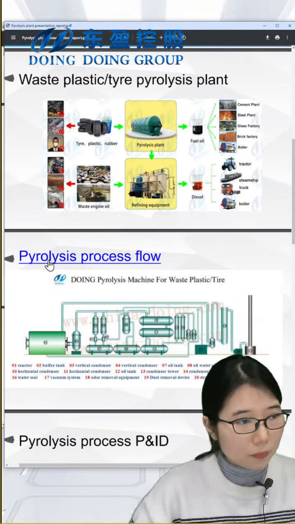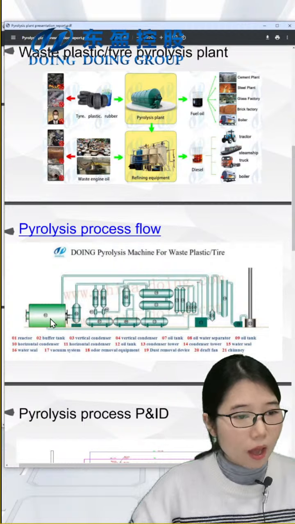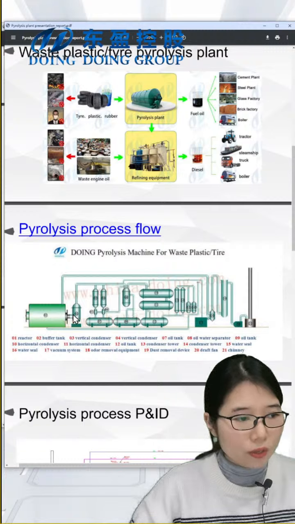And this is the pyrolysis processing flow. Firstly, we feed the waste tire and plastic into the reactor, and then we open the burner to heat the reactor. After achieving a certain temperature, it will produce oil gas.